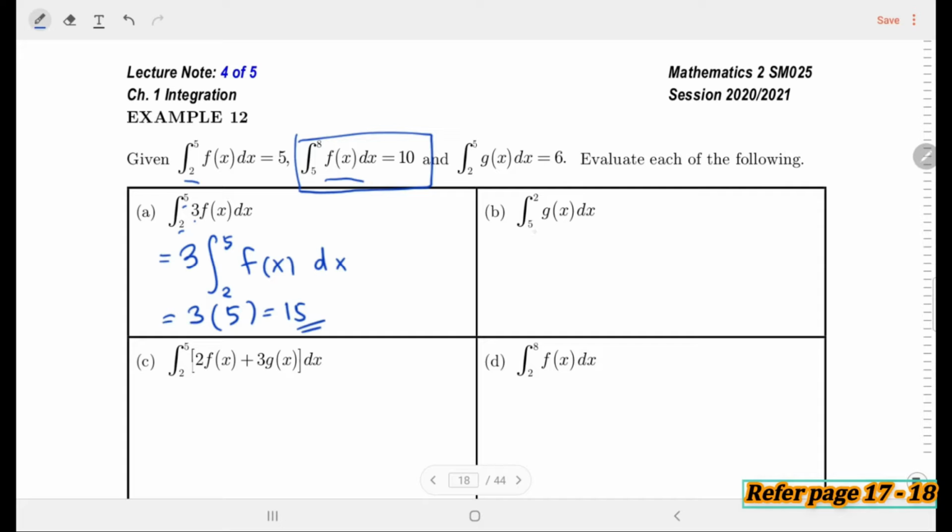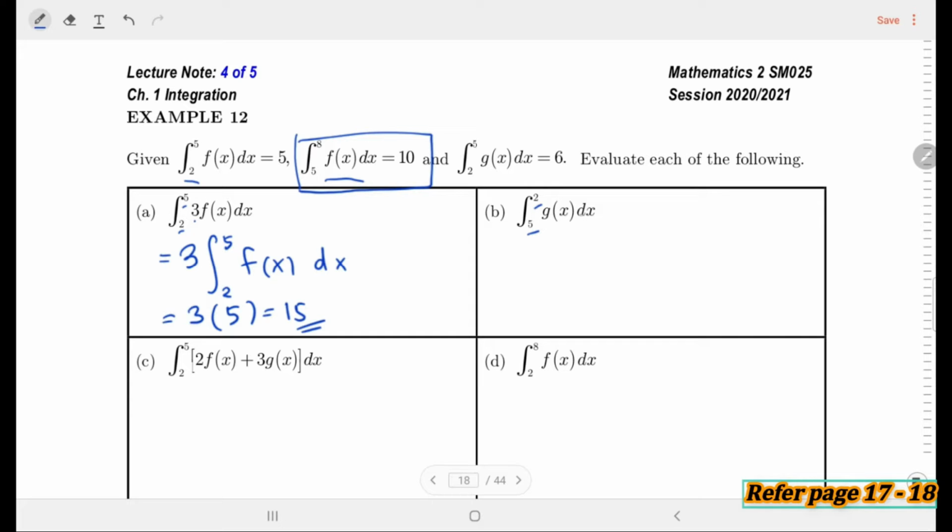Next, B: from lower limit 5 to 2. This is quite confusing, because we know that the lower limit must be smaller than the upper limit, but this question is asking from 5 to 2. So we use the property that we just learned.